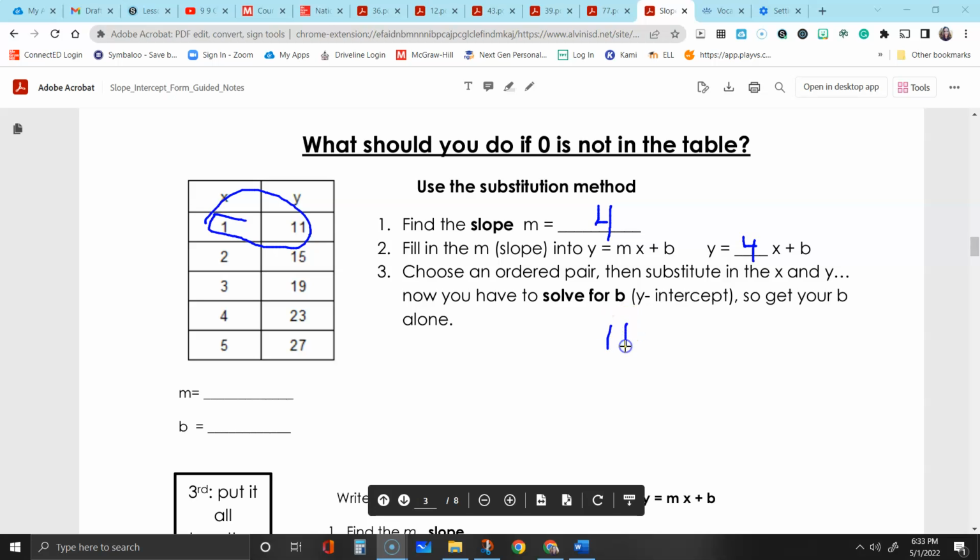So 11 equals 4 times 1, because that's our point, plus b. Okay, 4 times 1 is 4, so 11 equals 4 plus b. To solve this equation, we'd subtract 4 from both sides. That cancels out. Subtract 4.